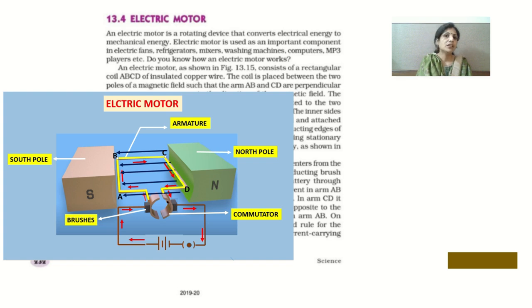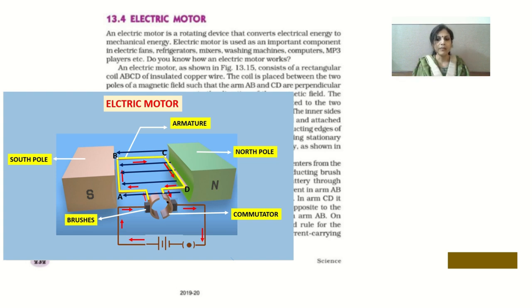The commutator is pressed against the carbon brushes; it is not attached to the carbon brushes. Carbon being a good conductor of electricity, when the electric current is passed through the circuit, it first goes through the carbon brushes and then through the commutator to the armature coil.